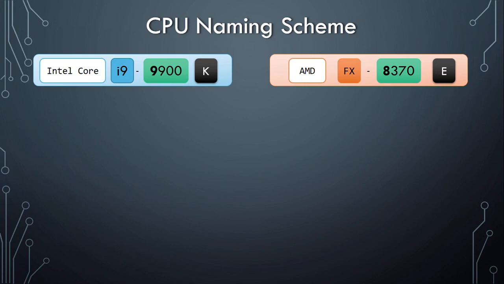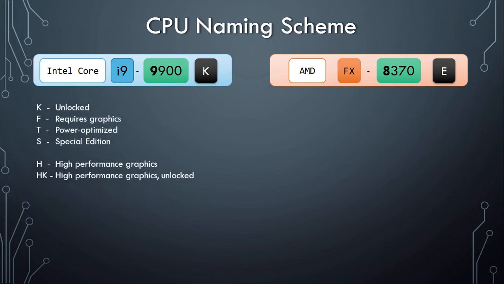This product line suffix denotes the processing power and some of the features. In the Intel processor, K is meant for the unlocked version, that means this processor can be overclocked. Then we have product line suffixes like F, which denotes that it requires graphics.